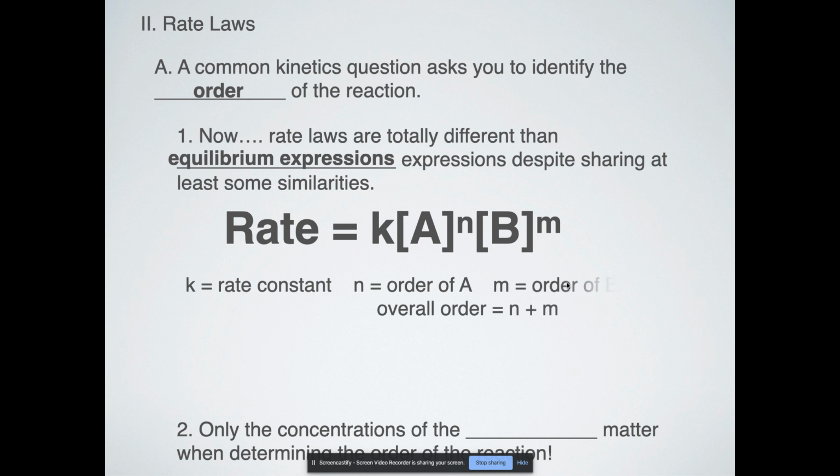The other thing to point out is that the order we're looking at here is additive. Whatever n is will be considered the order of A. If I have a 1 here, that means I would have a first order reaction with regards to just reactant A. If I had a 2 where m is, that means I would have a second order reaction with regards to reactant B. But if I'm looking at the overall rate law, I add together n and m to get the overall order of the reaction.